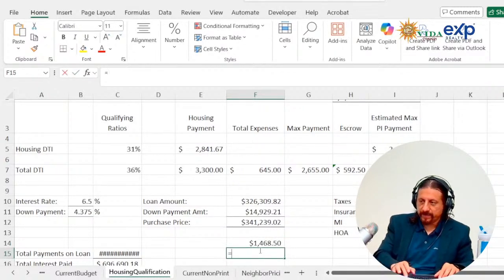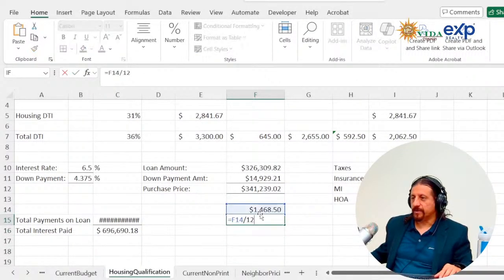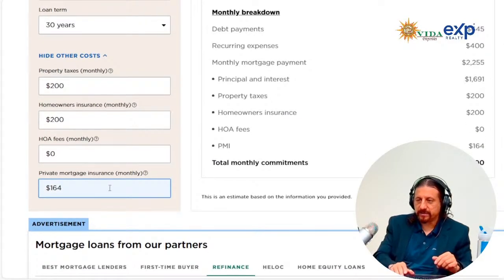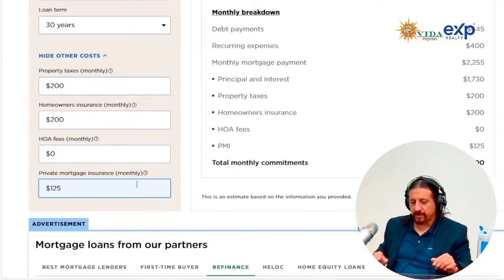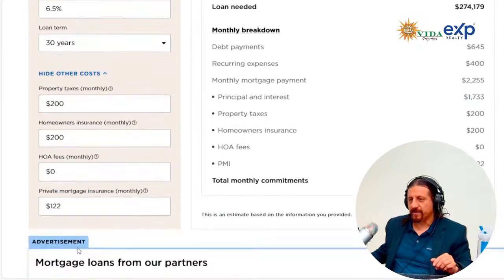Okay, now we divide that by 12. Okay, 122. So that makes sense. Lower. And it's going to be round. I mean, it's a circular formula, because then this is based off of the PMI.